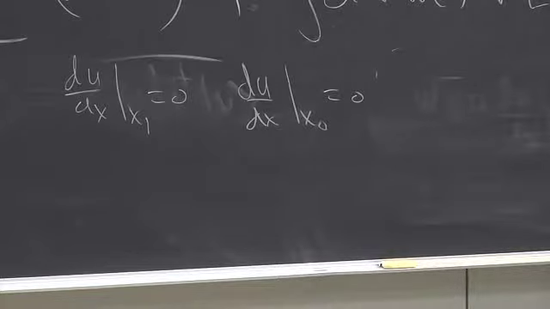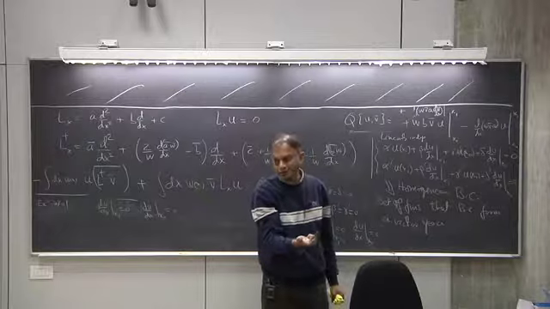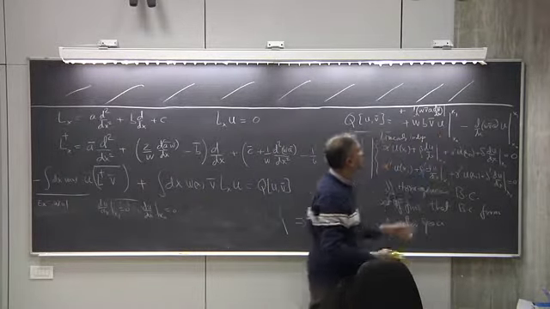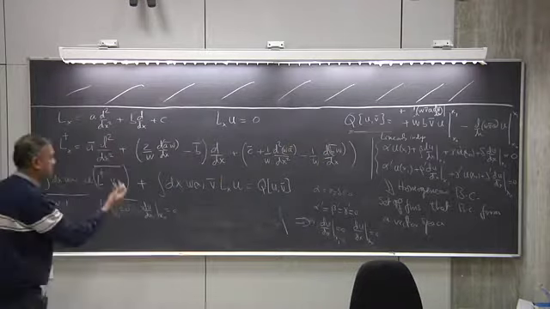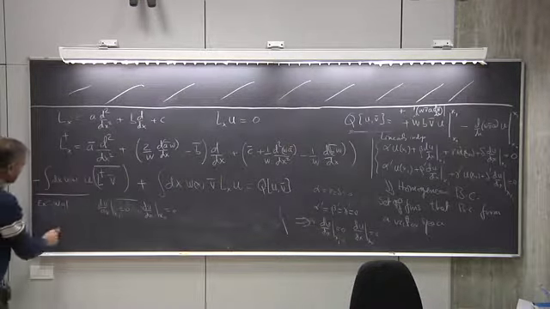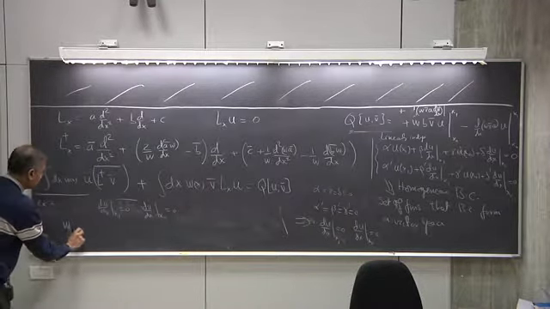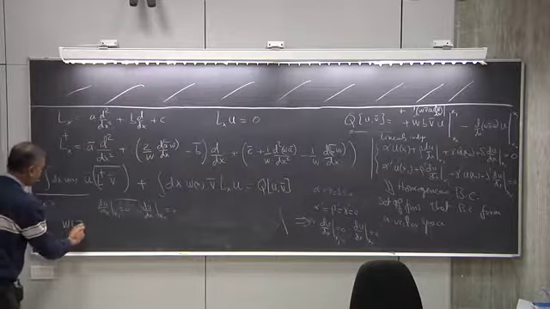So du by dx, this term disappears because du by dx at the endpoints is 0. So this is not there, and the only thing you have is here. Let's keep W as it is. Then the condition is W B V bar.